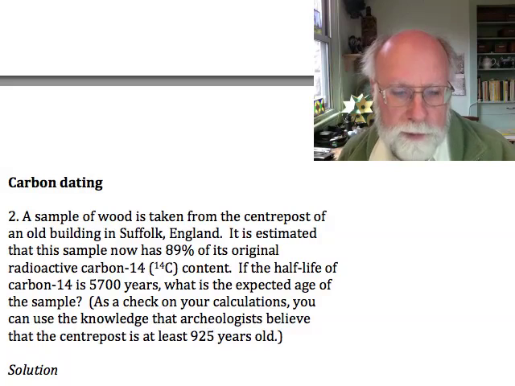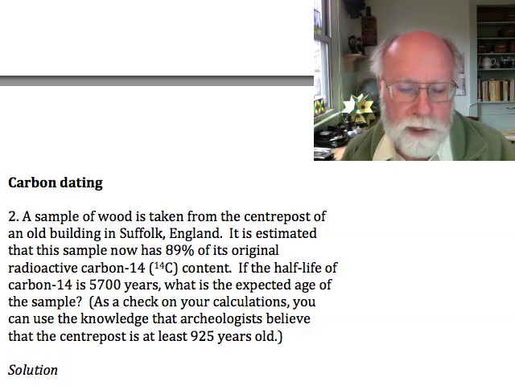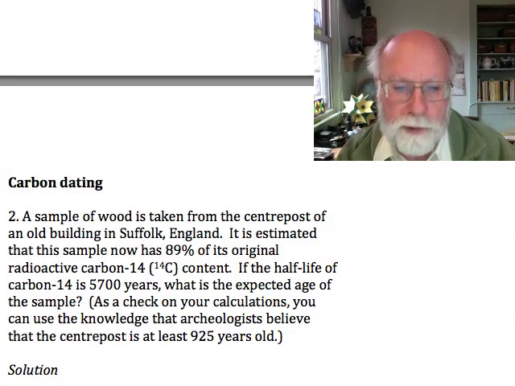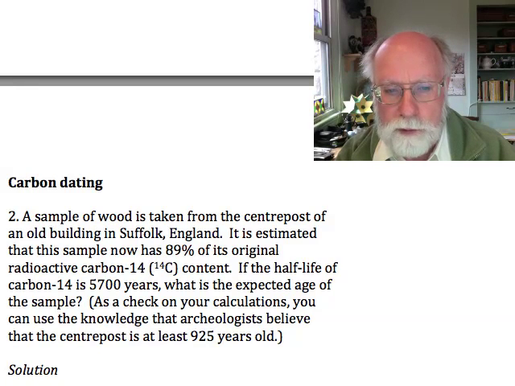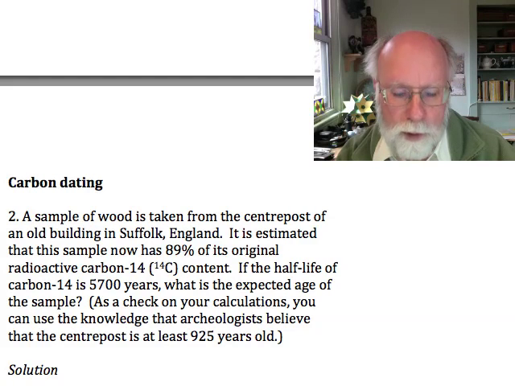The next example is concerned with a research technique known as carbon dating. The technique of carbon dating works as follows. When plants are alive, they take CO2 from the atmosphere and use photosynthesis to bind it into larger carbon-based compounds within the plant.